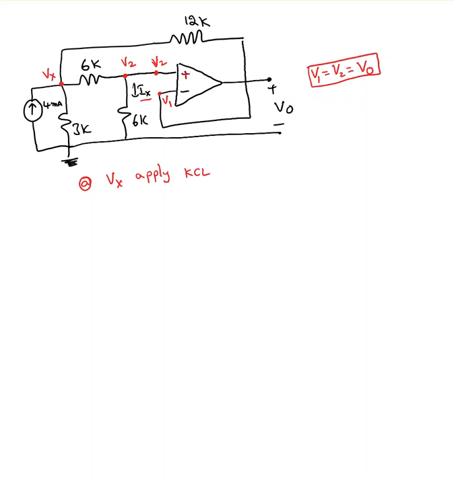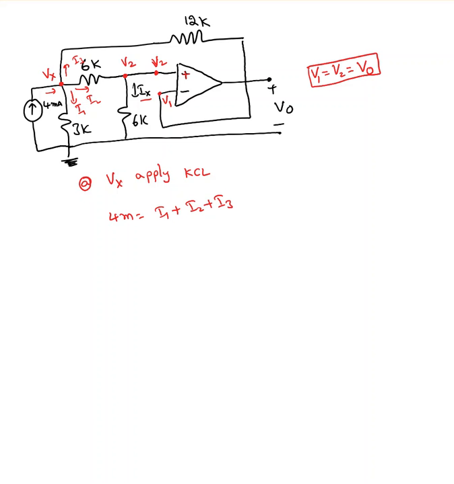If I apply KCL, this current is coming in, and I'm going to choose every other current as going out. I'm going to label them I1, I2, I3. So 4 milliamperes is coming in, that must be equal to I1 plus I2 plus I3.